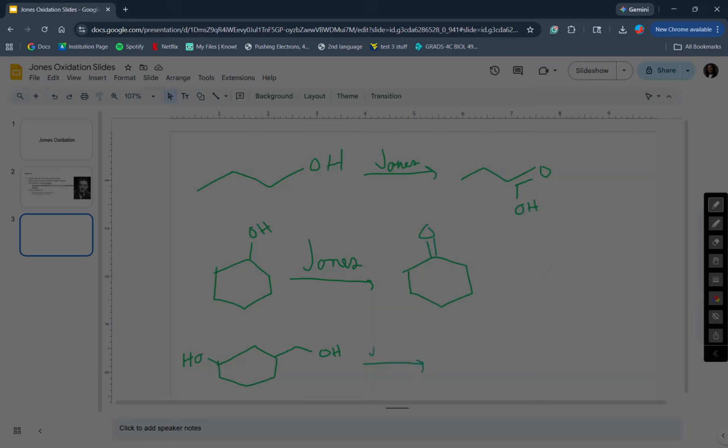And then finally, if we use Jones oxidation here, we're going to have two different products. On the right side, we're going to form a carboxylic acid, and on the left side, we are going to form a ketone. All right, those are three examples. Let's do a couple more.